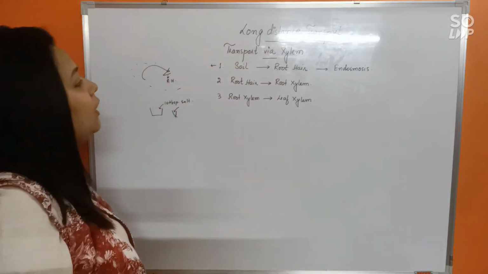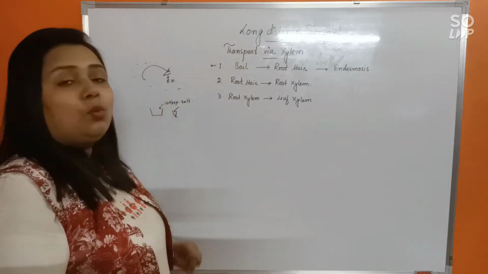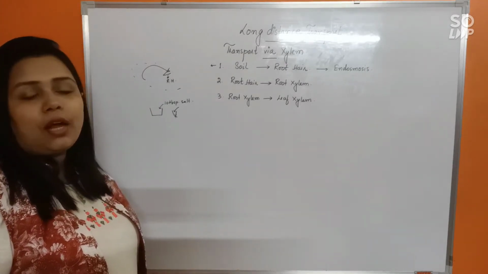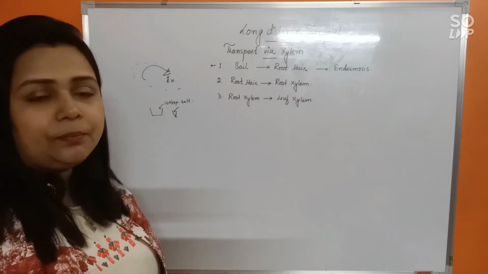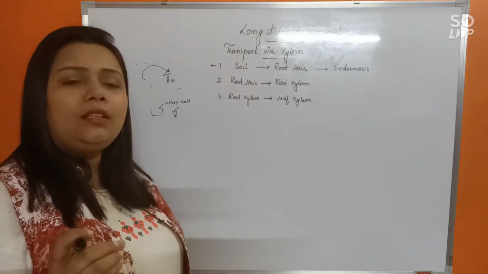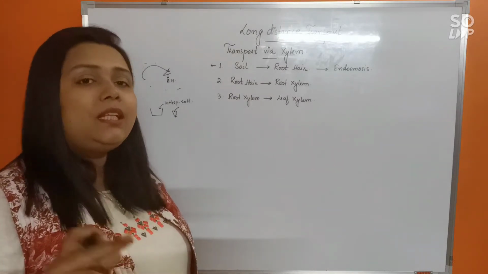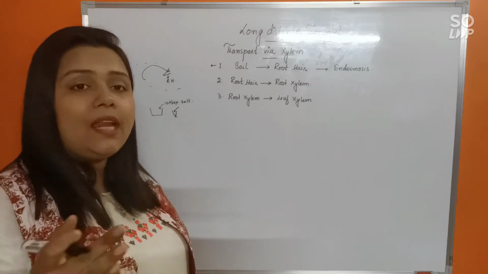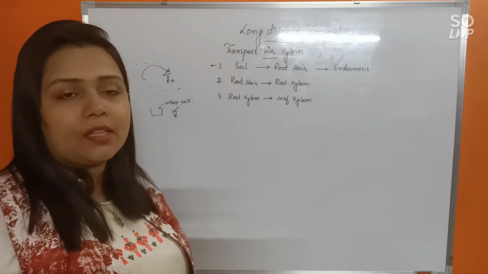Now, once the water has been successfully taken up by the root hair, if you recall the anatomy chapter, you will remember that from root hair up till the xylem, there are a lot of cell layers that the water has to surpass.